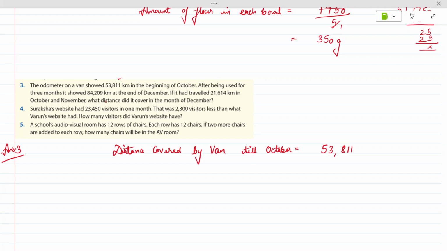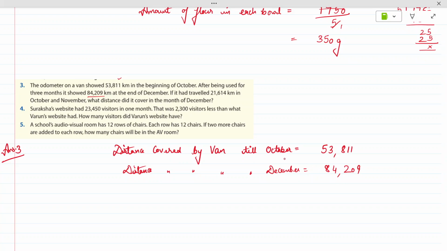These 3 months it's being used, and now it is showing the reading of 84,209. I can write here, distance covered by van till December is 84,209.